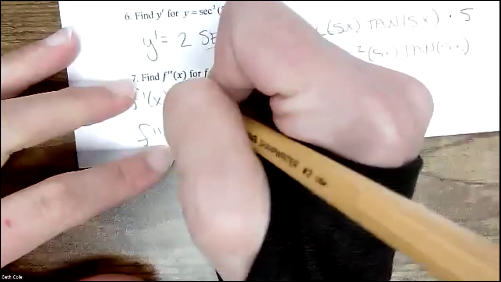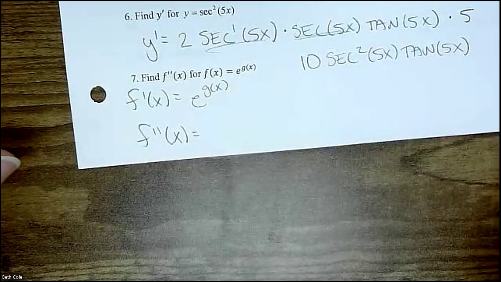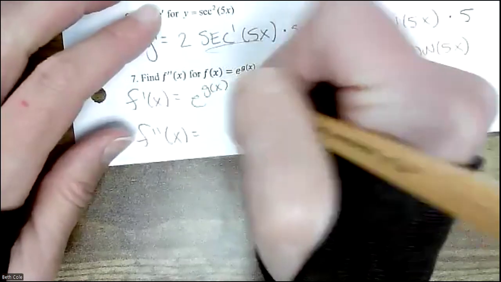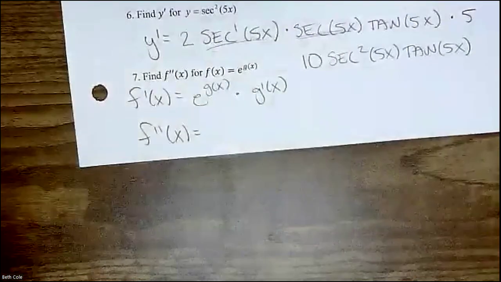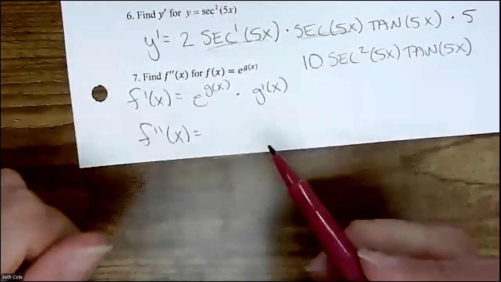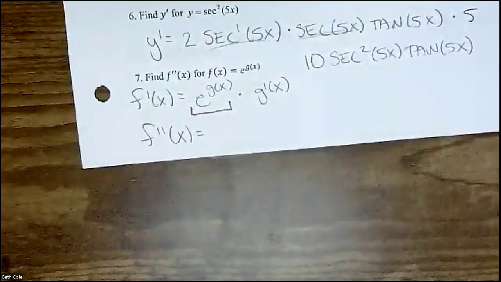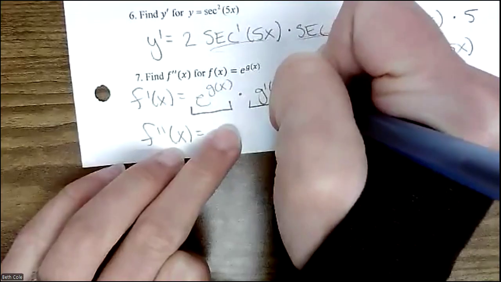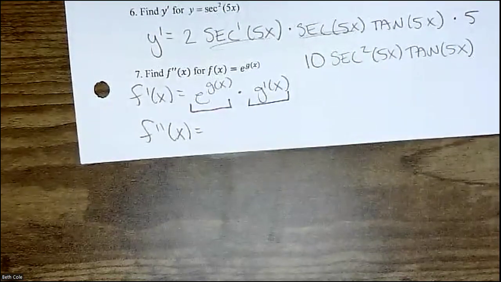Derivative of e is itself. Hey, looks like you just wrote the problem. Sure did. And then you chain on the derivative of g, which is g prime. The first derivative, that's easy. That's not bad. Okay. But now when you go to do the derivative of that, what rule have you got? Well, there's another chain rule, and it just became a product rule because you have two separate things. So just heads up, it's going to get really long.